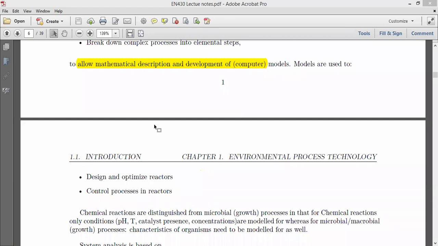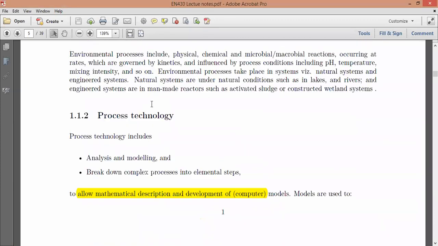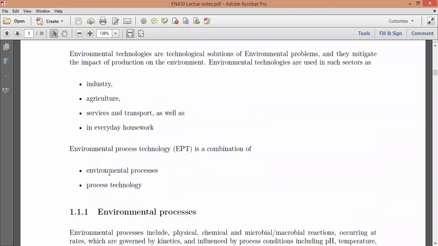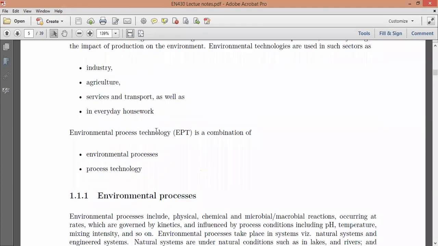By the way, these are all exam questions. I'll share a past paper with you where you see these. I've seen this question before in papers: Environmental technologies are used in which sectors? You have those answers. Environmental process technology is a combination of, in a short answer question.